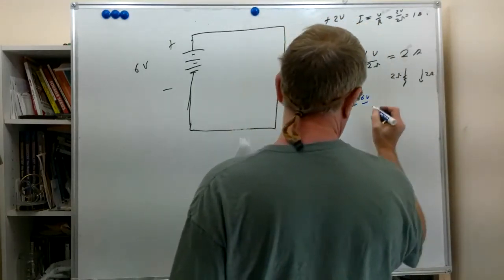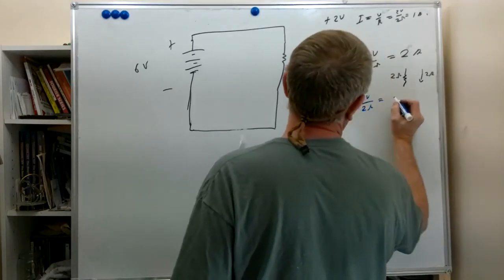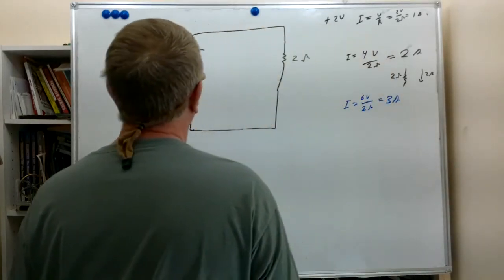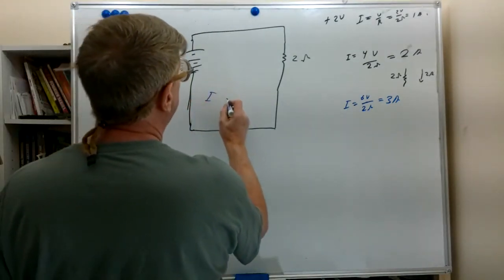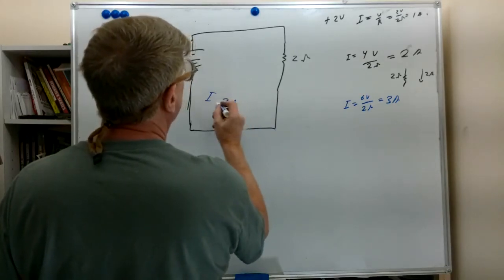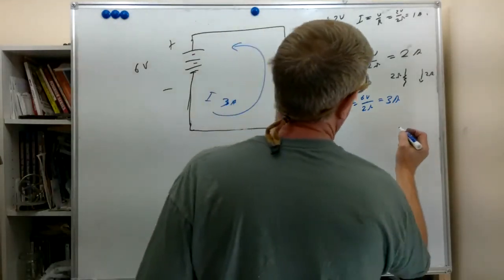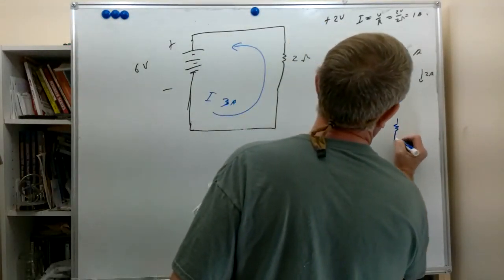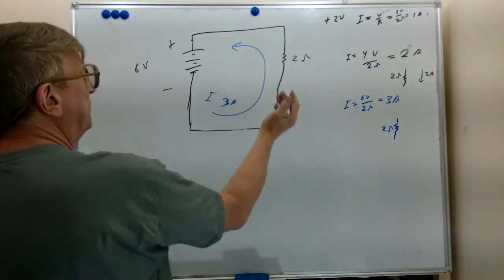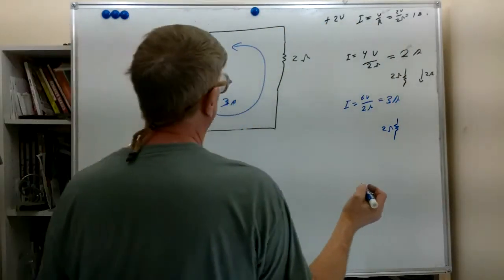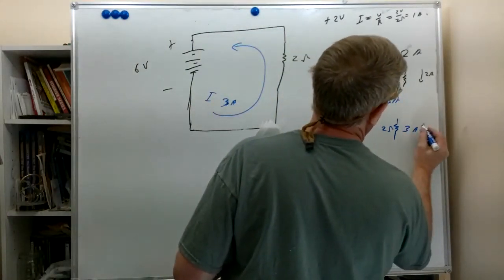Our resistance is 2 ohms. So we have 3 amps. Now what direction is this flowing? Well, I of 3 amps is flowing in the opposite direction now. So we can draw our 2 ohm resistor like this, 2 ohm. But now our electron flow is in the upward direction on this drawing. So we have 3 amps going this direction.